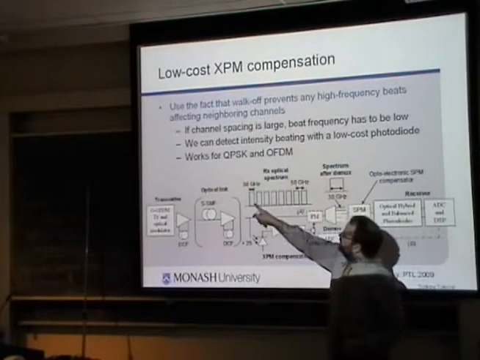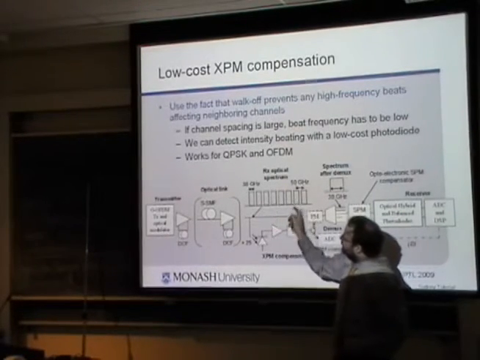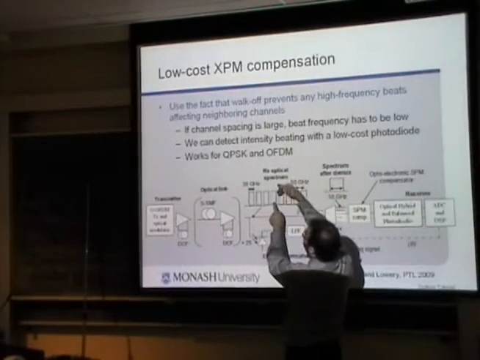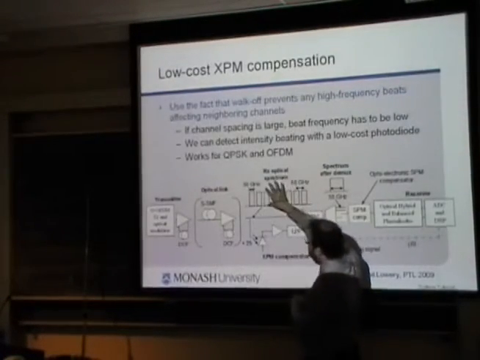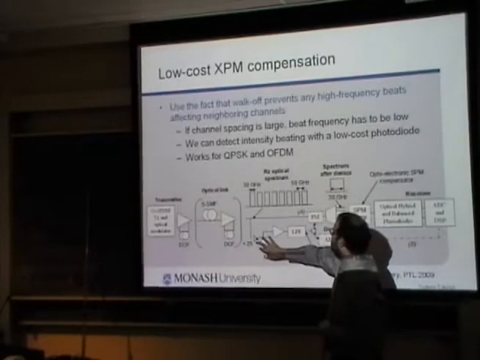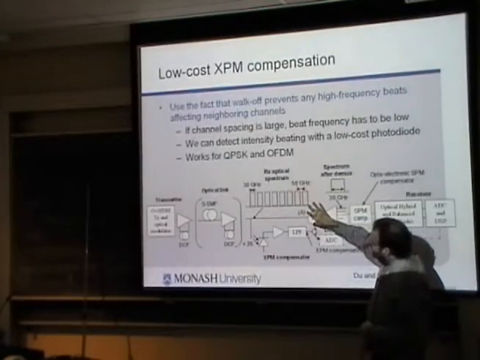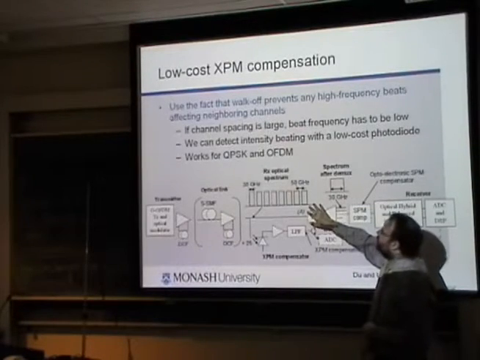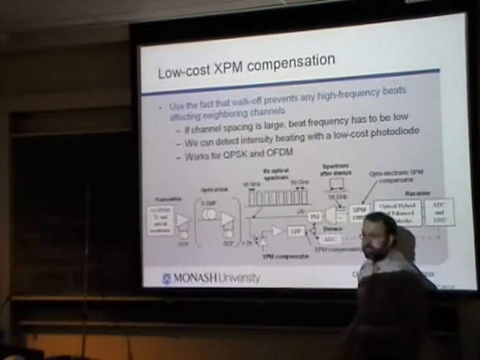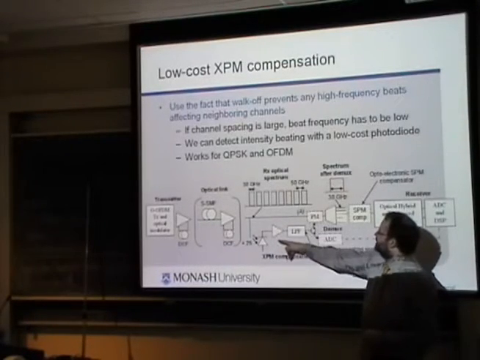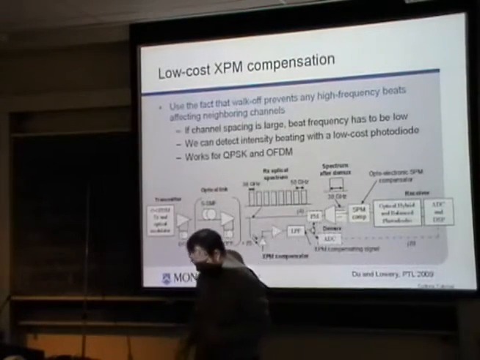So all the WDM channels, each one of them is going up and down, forming an intensity fluctuation, and you just sum them all with a photodiode and modulate the phase in proportion to the sum of all the intensity fluctuations, which is magically done with a very low-cost photodiode. And that's how you compensate XPM.